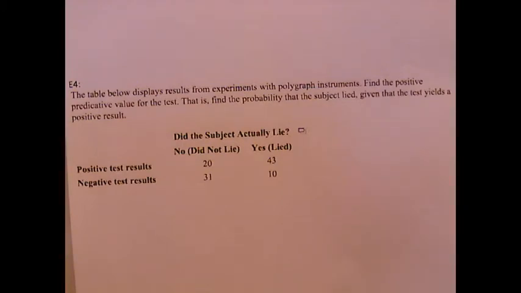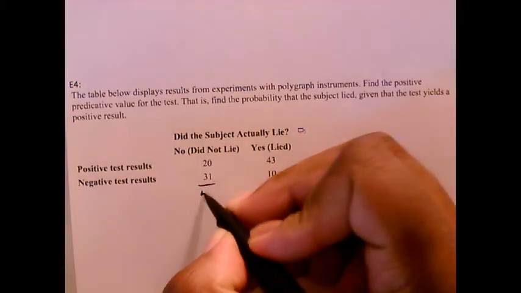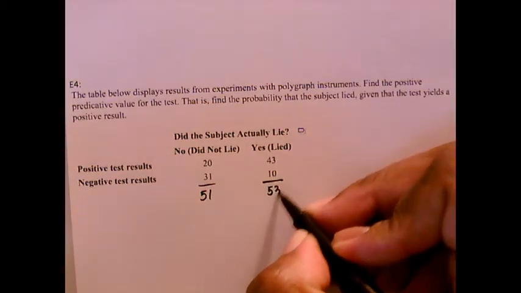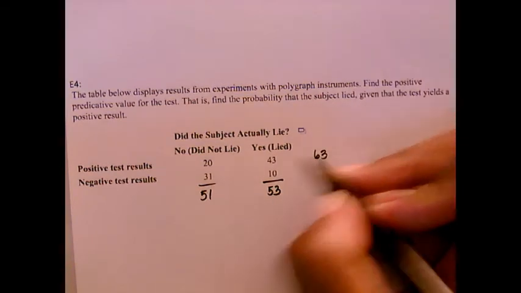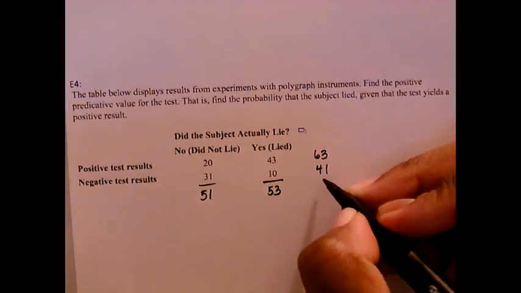That is, find the probability that the subject lied given that the test yielded a positive result. Okay, so in this case here, let me go and add up my rows and columns before I do anything. This will be 51, 43 and 10 will be 53, 20 and 43 will be 63, and 31 and 10 will be 41.